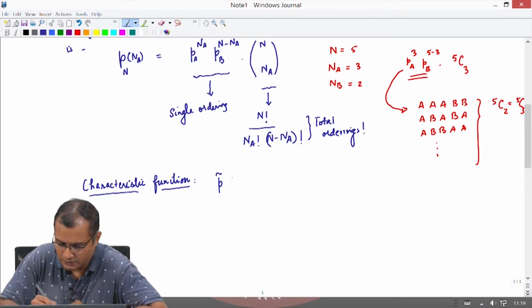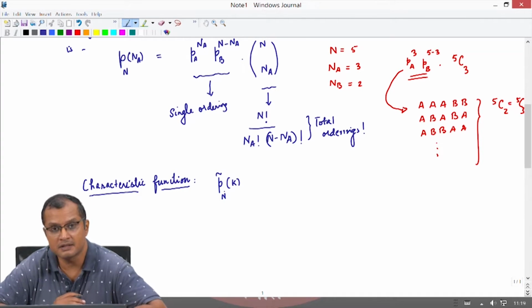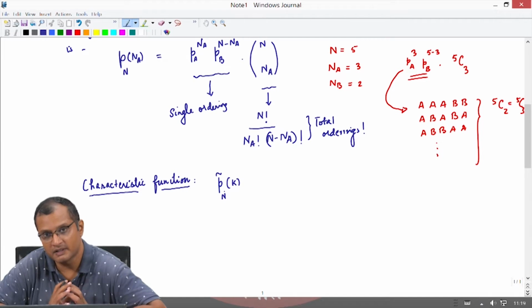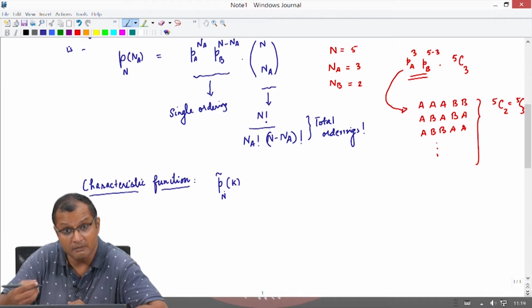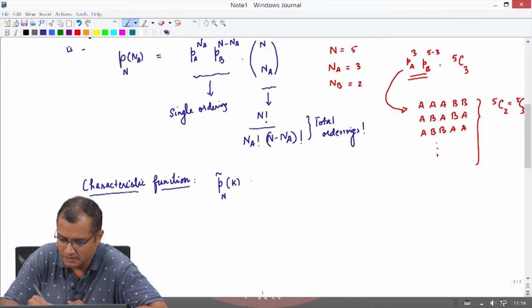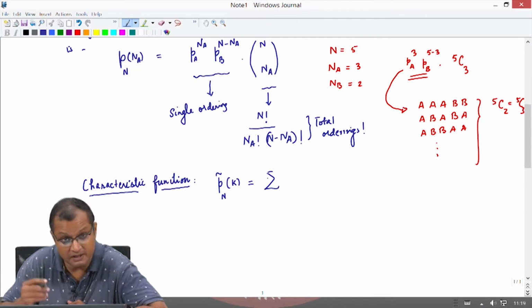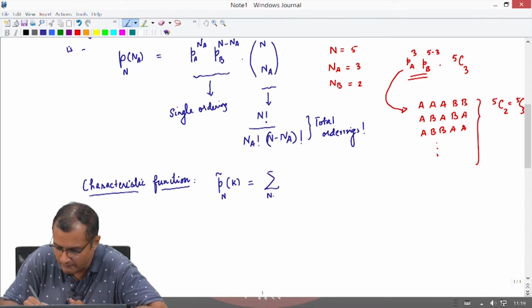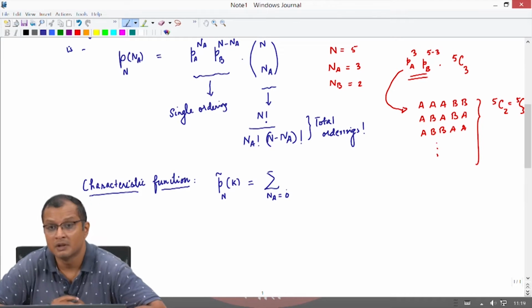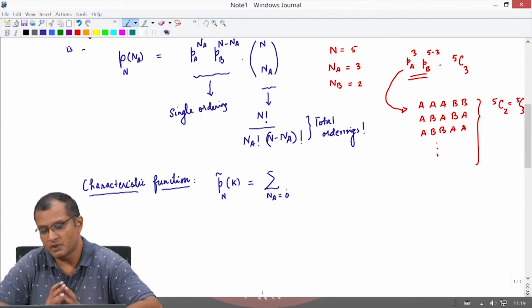So, the Fourier transform of our PDF is now P of k out of n trials. So, this is a characteristic function that I am interested in after n trials, or n measurements or n experiments. So, this is given as nothing but the discrete Fourier transform. The summand variable is now n a, and this will run from 0, because that is the lowest value for n a.